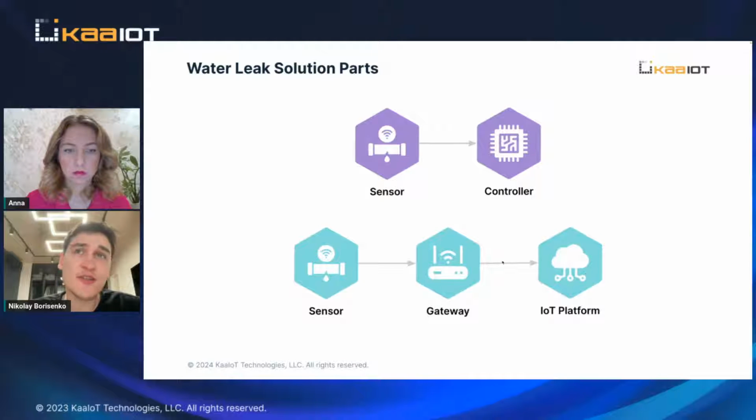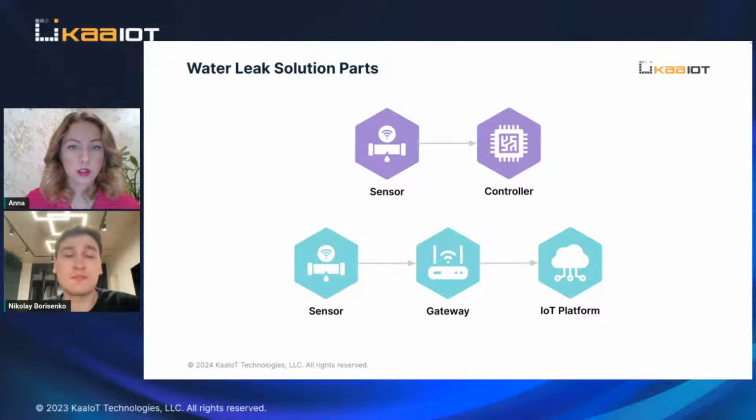This is pretty easy to install because you can just put your gateway in place and not do much configuration, because usually in the IoT platform everything is already pre-configured. This is how it usually works. With an IoT platform, you have the flexibility to do all types of notifications, even more flexible than a hardware controller designed for this case. So yeah, that's all.